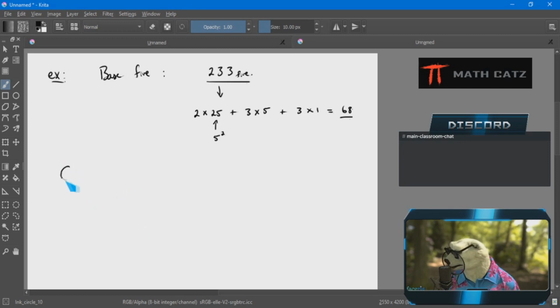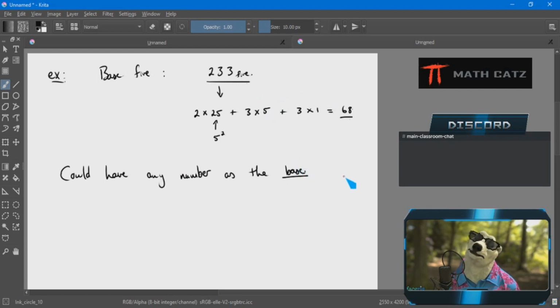So what we could do is we could have any number as the base. It doesn't have to be 5. It doesn't have to be 10 like our decimal system. It could be anything.